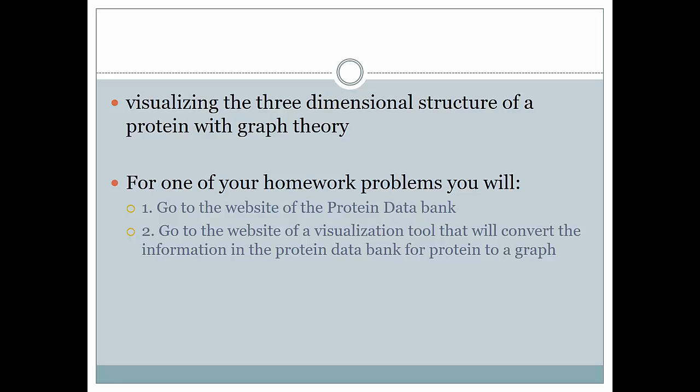Each vertex represents an amino acid, and two vertices are connected if those two amino acids are within proximity in the 3D structure. Usually the cutoff for proximity is 7 angstroms. So in our homework, we'll go and investigate what a graph looks like that represents a protein structure.